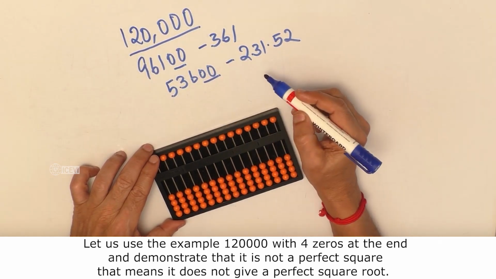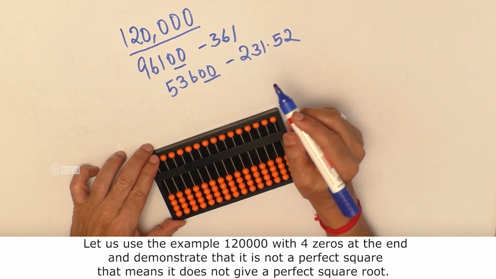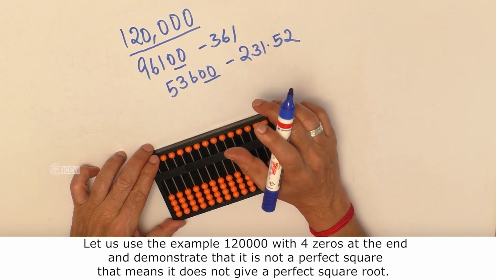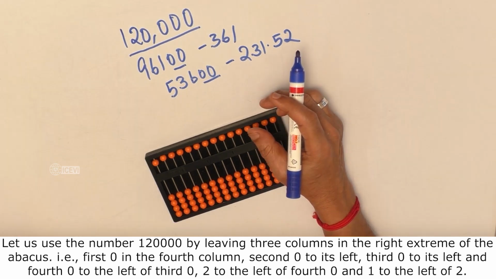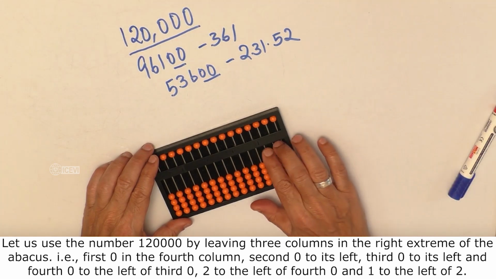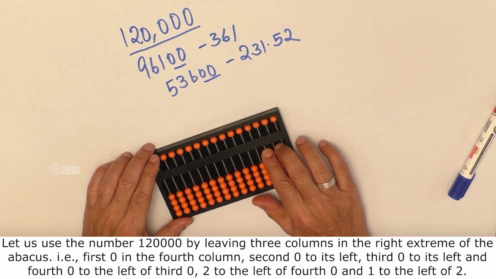Let us use the example 120,000 with 4 zeros at the end and demonstrate that it is not a perfect square. That means it does not give a perfect square root. Let us use this number 120,000 by leaving 3 columns in the right extreme of the abacus.